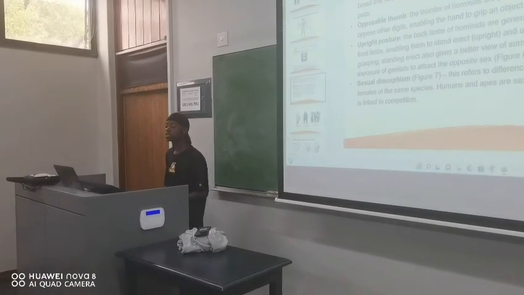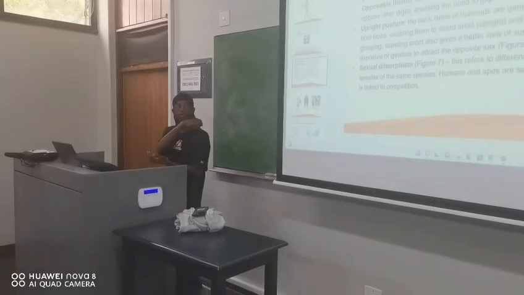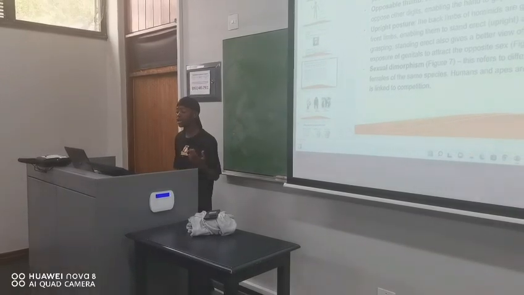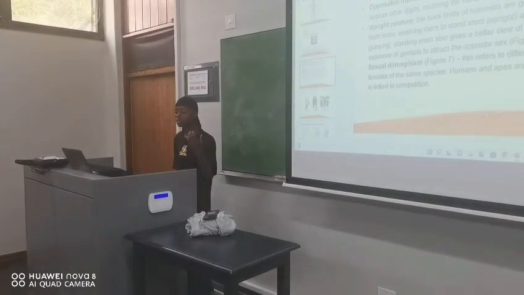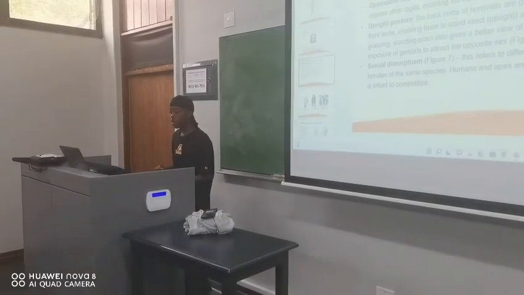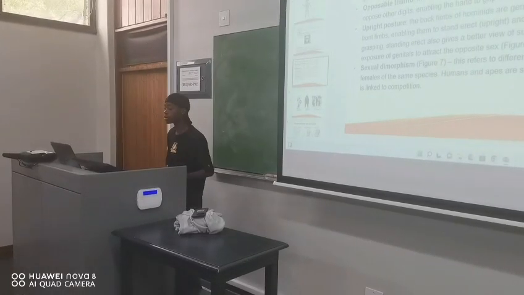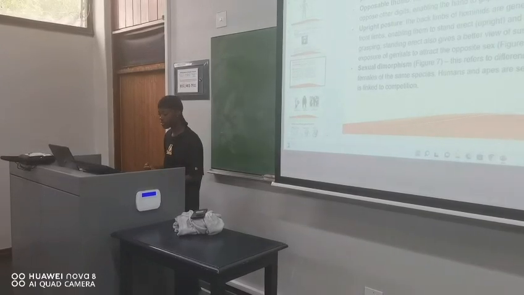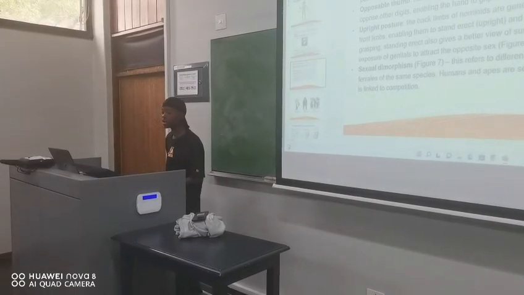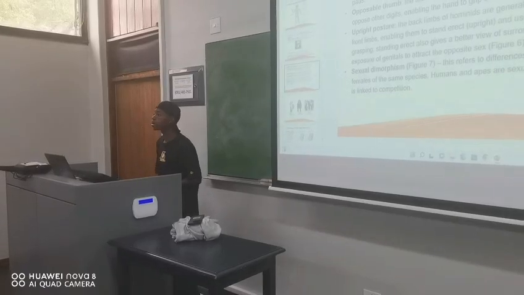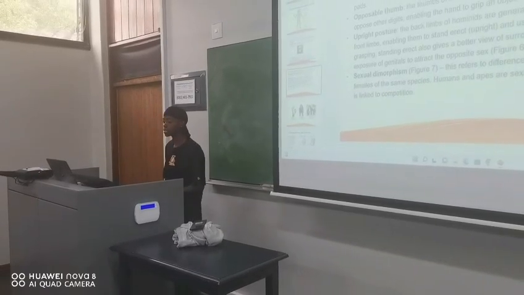They have rotation around the elbow joints, which allows them to extend or flex or grab objects. They have bare fingertips. They have nails, not claws, unlike some other animals. They have opposable thumbs, which allows them to grab objects.